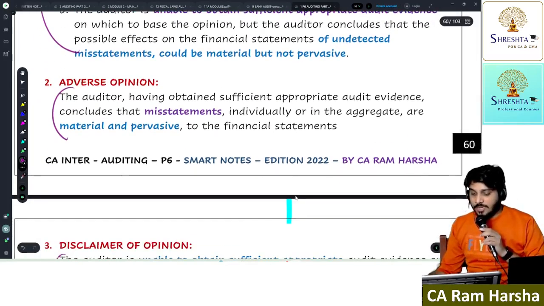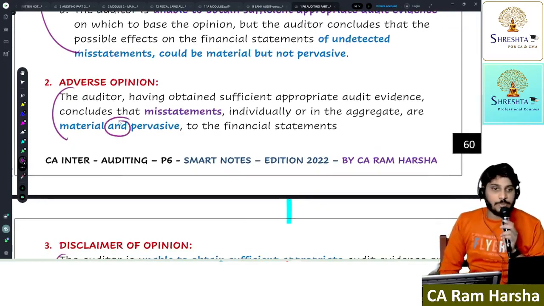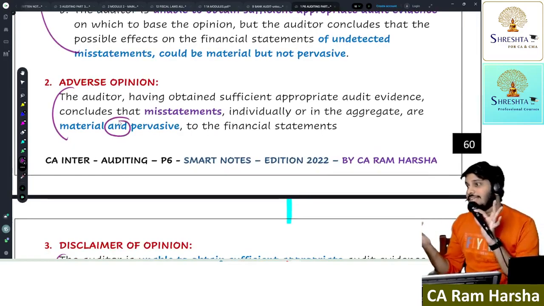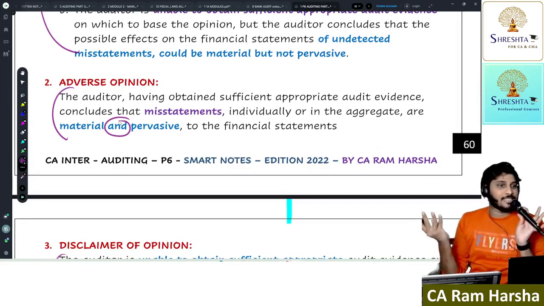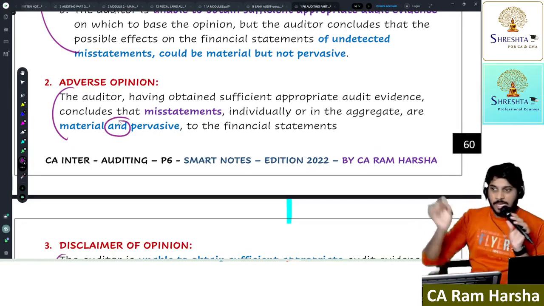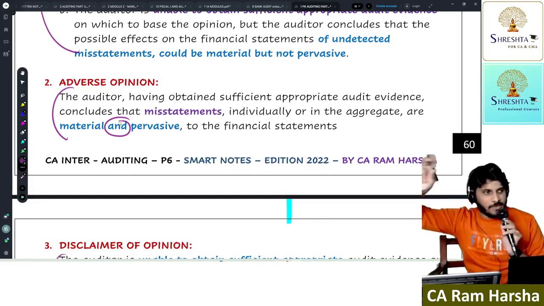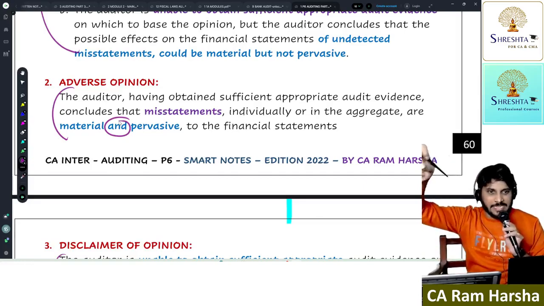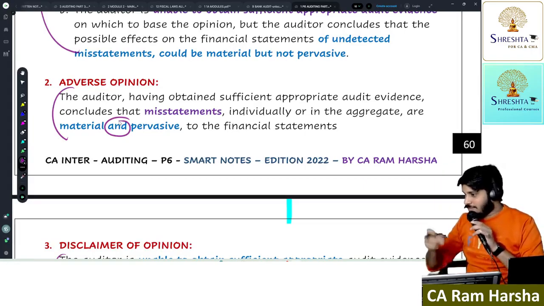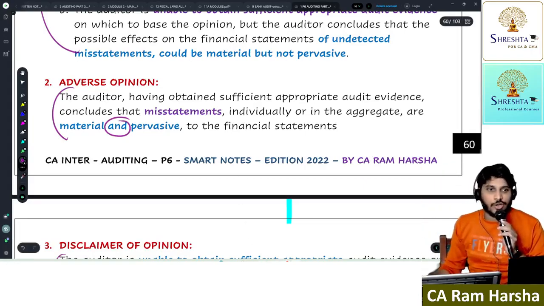I will remove that word and keep the word and. Then it will become which opinion? Exactly. The definition is exactly the same. In the first part of the qualified opinion, before pervasive, if I remove the word but not and keep and, what opinion will come? Adverse. Understood or not?